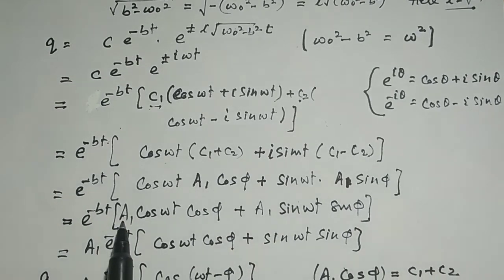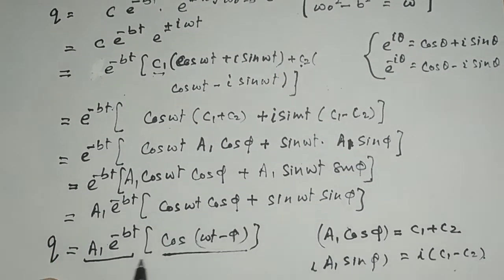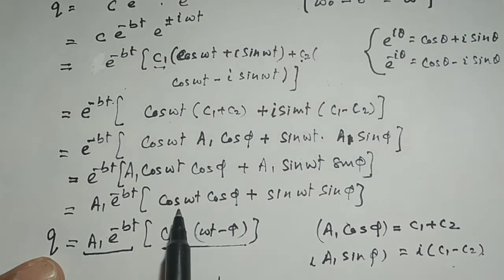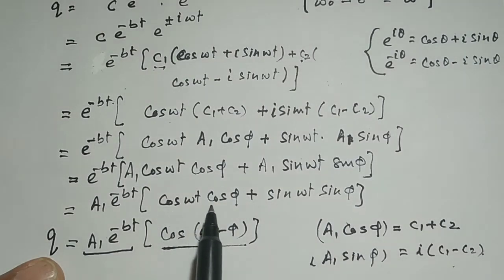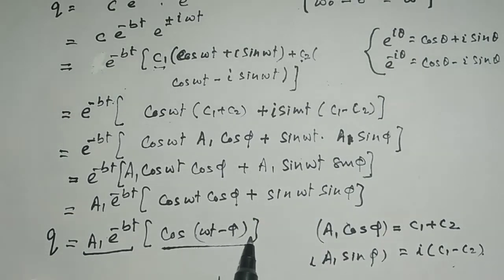A1 is the amplitude of the lightly damped oscillator that we can take out. Inside we are left with cos omega t cos phi plus sin omega t sin phi, and by the trigonometry formula this may be written as cos of omega t minus phi. Outside this bracket we have A1 e to the minus Bt.